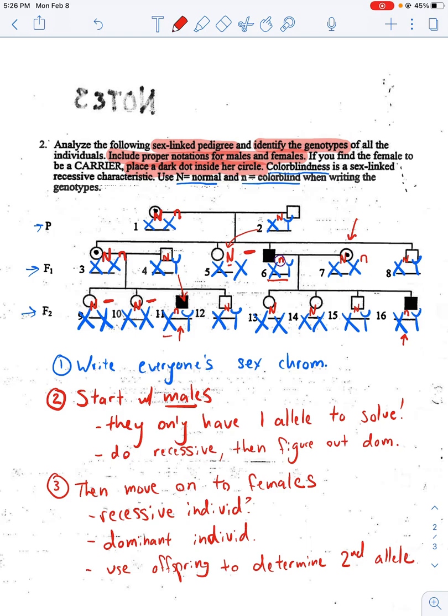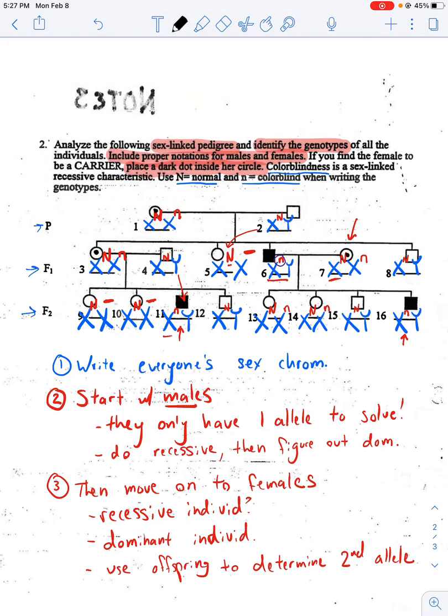They both do not have color blindness, but if you look at their parents, the big N came from mom because dad has a little n on his X chromosome, which means that mom gave them both the big N, and dad must have given them both the colorblind allele on his X chromosome, which means 13 and 14 are both carriers.